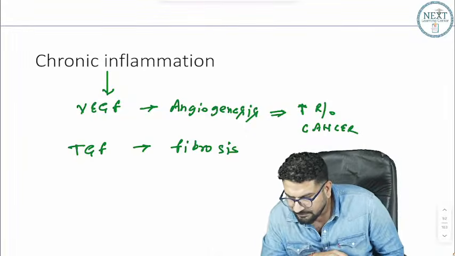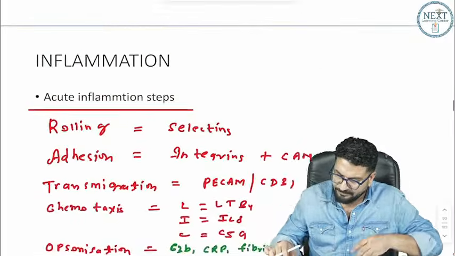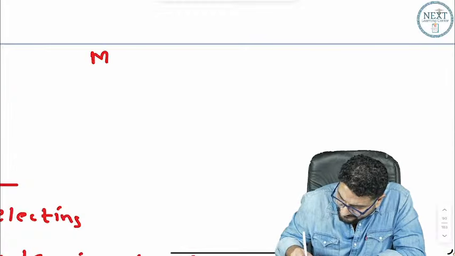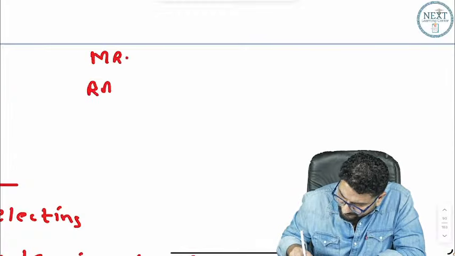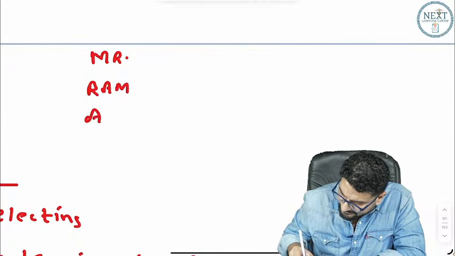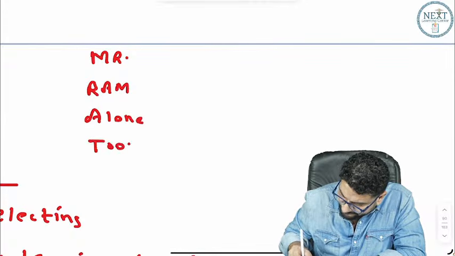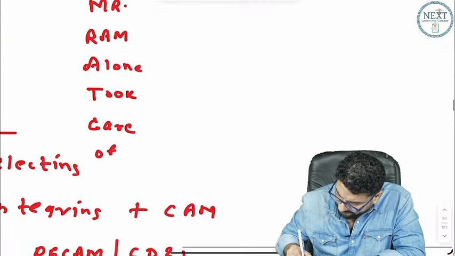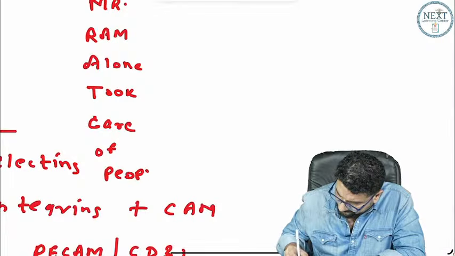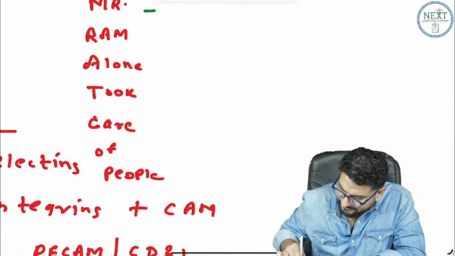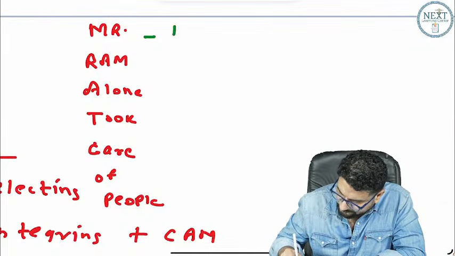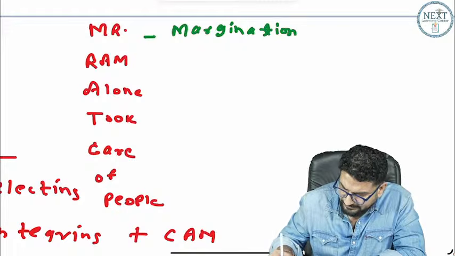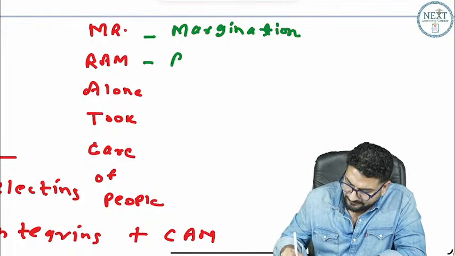There is a doubt: before rolling, we do margination. Yes, these steps you have to remember. The steps are also simple. You can remember the steps by a mnemonic: Mr. Ram, or you can say Raju or Rahim. Mr. Ram alone took care of people. So Mr. means margination. So first step is margination. Margination is nothing important, that's why I skipped that. R is rolling.